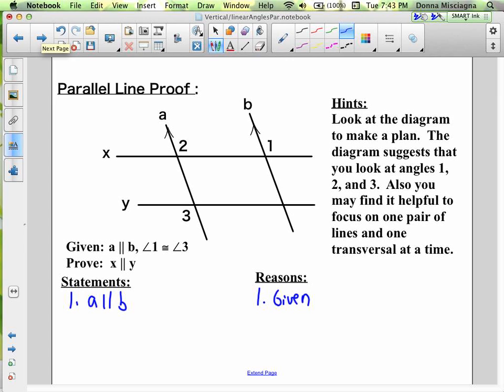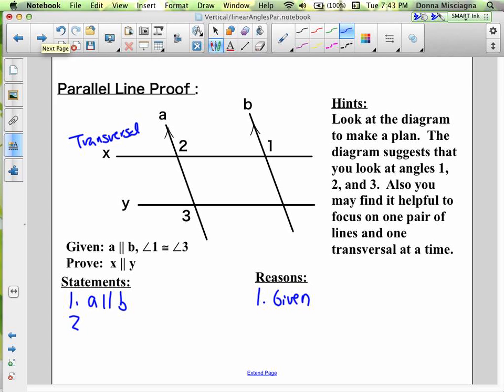Now that I've made the statement that the lines are parallel, I can say anything I want about the angles that relates to the parallel lines. For instance, notice angles 1 and 2 that are formed by lines A and B with transversal X. So right now, X is a transversal for lines A and B.